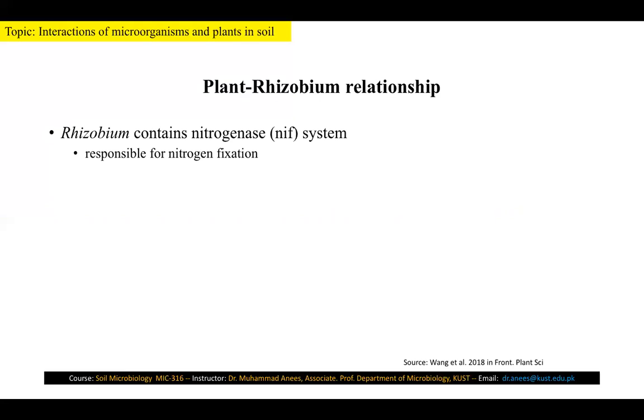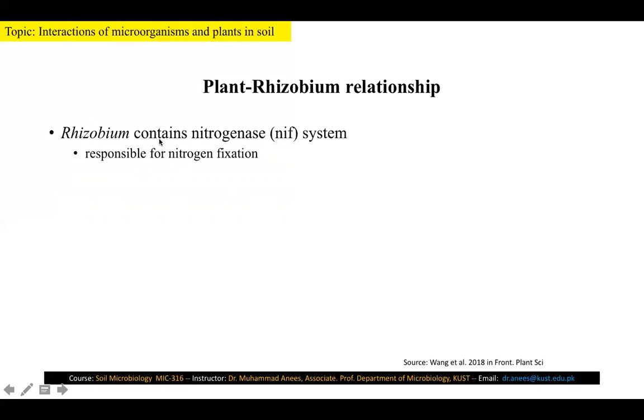Actually, rhizobium contains the nitrogen fixing system that is known as the NIF system. The NIF system consists of a number of different genes that are responsible for making the relationship.